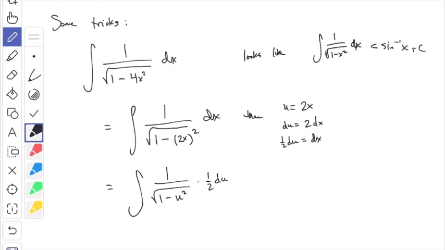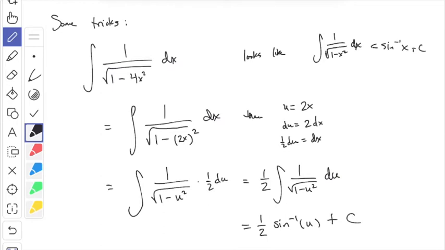This is the trick. Now we can pull the 1/2 out of the integral. All right. And what's the integral going to be? Yes, inverse sine of u plus c.